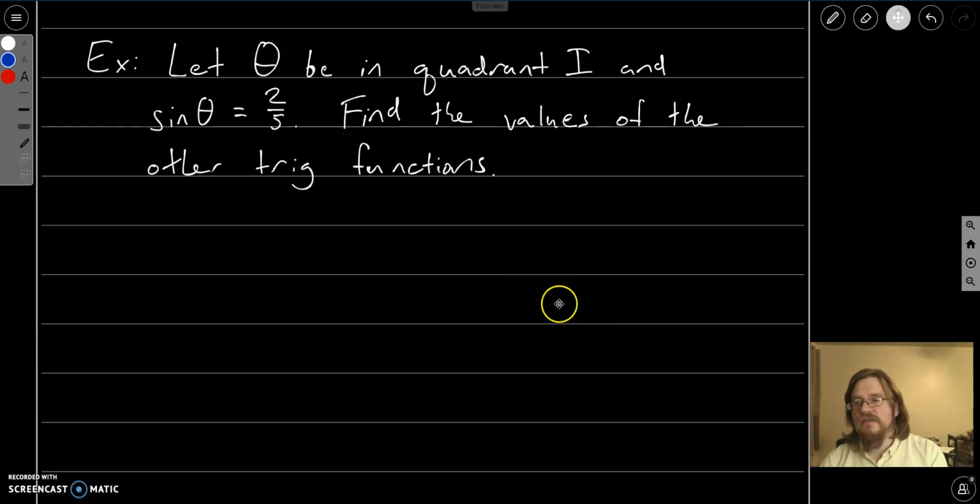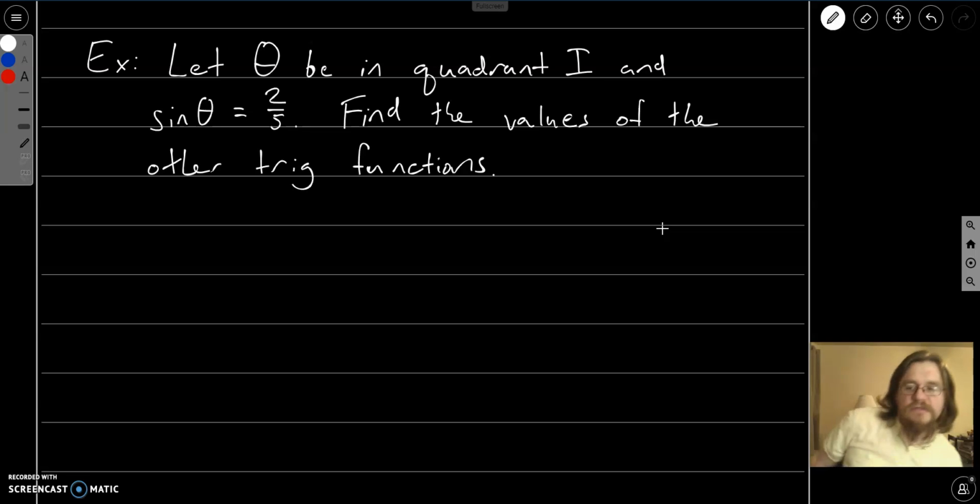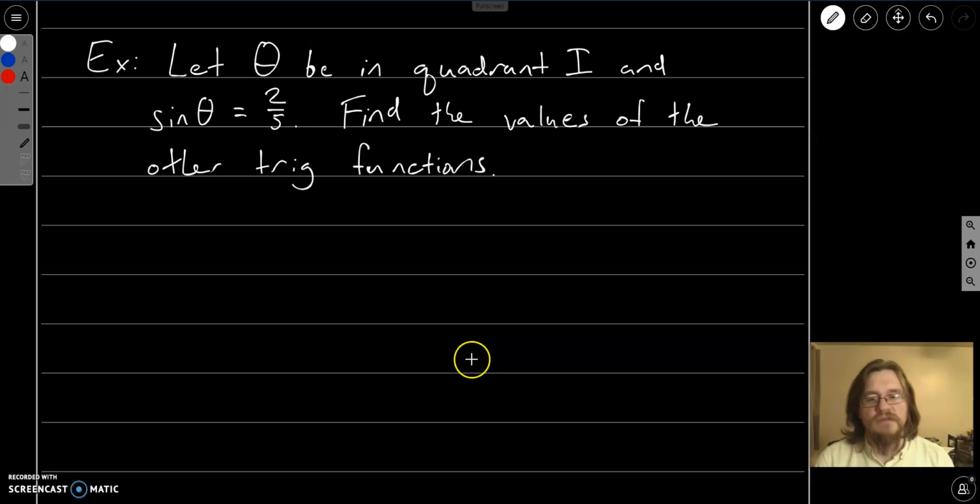So the last couple of things that I want to look at would be if you're given one trig function, can we figure out the rest? If we know the angle, absolutely, but can we figure out an angle just from knowing one trig function? And the way I'm going to do this, I'm going to draw a picture, and this is the way that I would encourage anyone who's trying to do these.